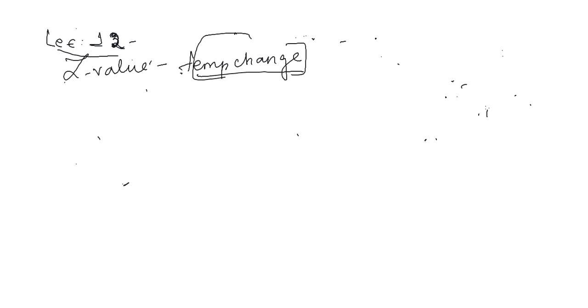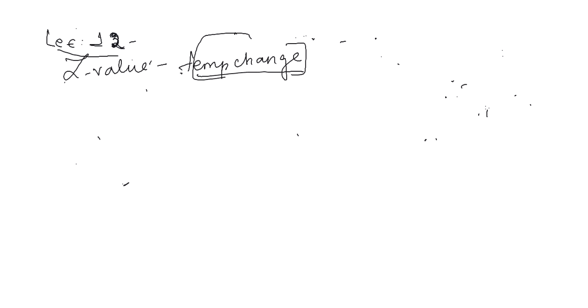Okay. Then the next part will be the Z value. What do you understand by Z value? Z value is nothing but the temperature change. Whatever the temperature change you are having, it is a function of that it is measuring. For D value, it is the time required.